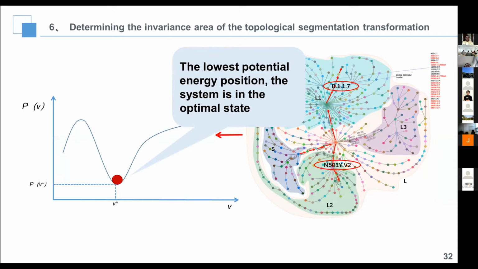in the optimal state. Then we can also divide our phylogenetic network map into individual topological classes, and the lines among the individual topological classes indicate the spread path of SARS-CoV-2 around the world.